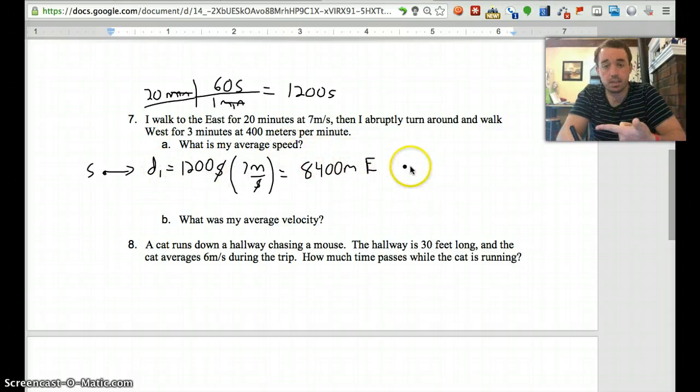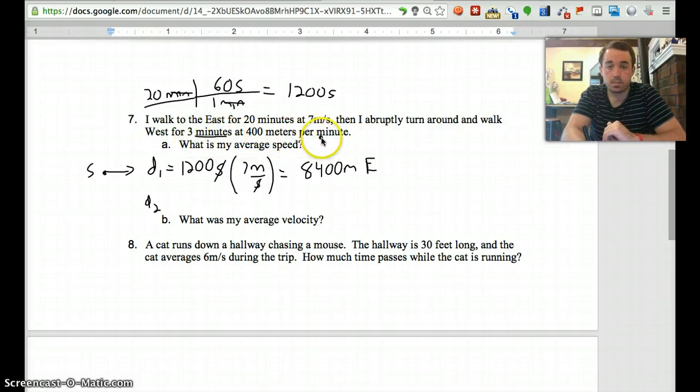The displacement for the first one would be east. But then I turn around right away and walk west for 3 minutes at 400 meters per minute. So I've got minutes and minutes. I'm okay with the unit on this one, unlike the first part.